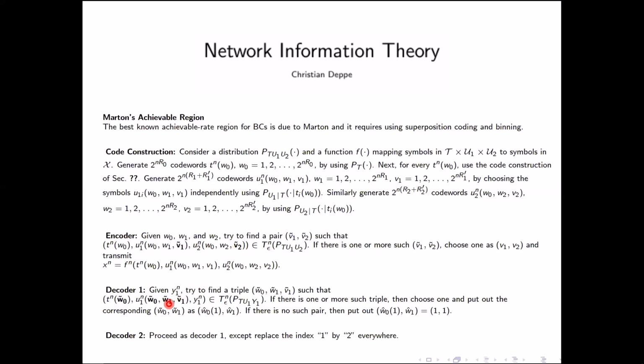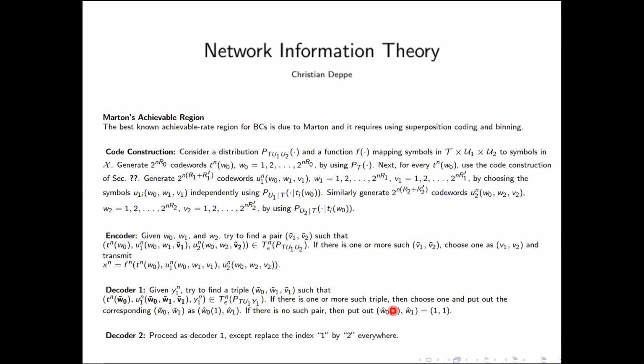Now what does the decoder do? Also as expected. So decoder 1 receives Y1^n, and he tries to find the triple W0 tilde, W1 tilde, and V1 tilde, such that T^n(W0 tilde), U1^n(W0 tilde, W1 tilde, V1 tilde), and Y1^n are jointly typical with respect to the joint distribution of T, U1 and Y1.